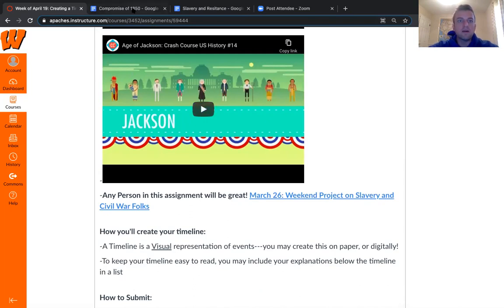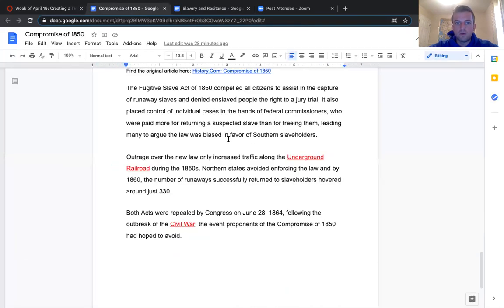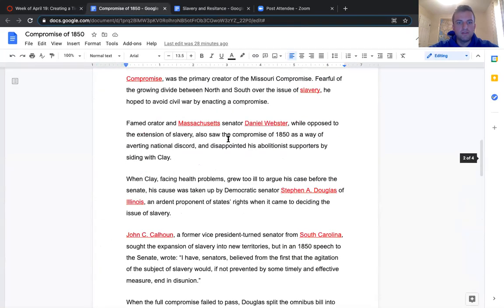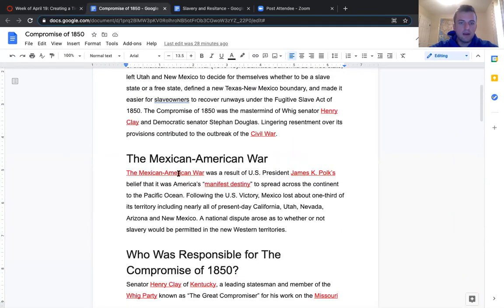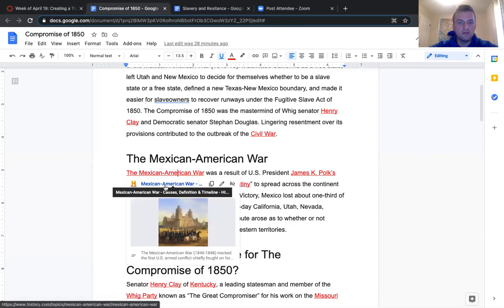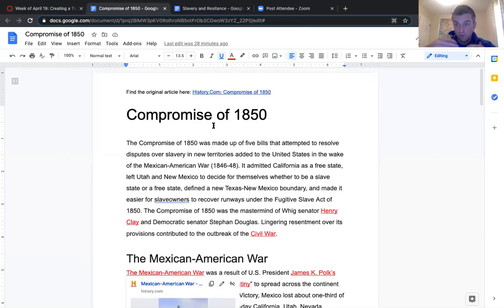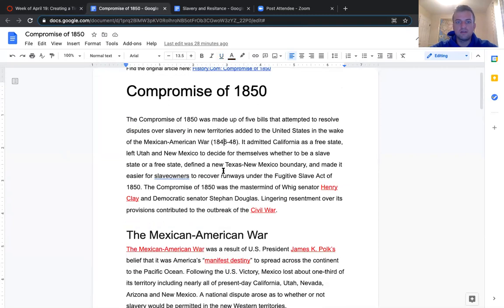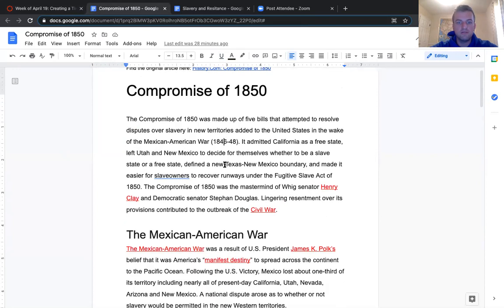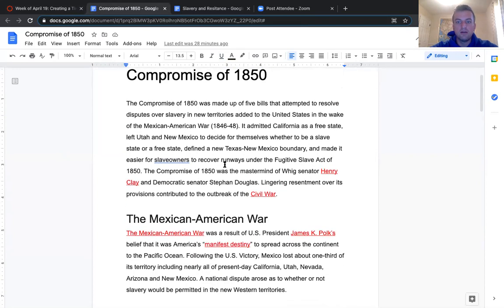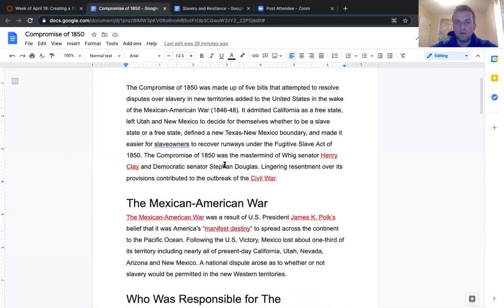So real quick, here is the resource about the Compromise of 1850. This resource, I think, has active links to other things within it. And if you can't click on the links through my resource, the little PDF, then I would highly advise you to go to the history.com article about the Compromise of 1850, just so you can get a little bit more information.